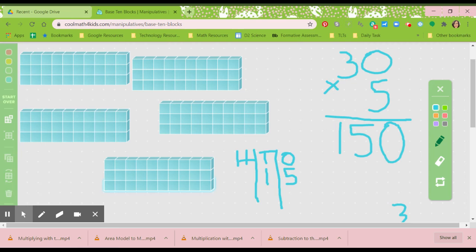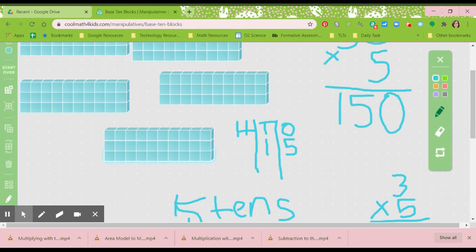And we just determined that 30 times 5 is 150. I want you to notice, what do you notice about this 5 in the ones place, this 5 in the tens place? It gets 10 times larger. This 5, if I multiply 5 times 10, gives me 50.